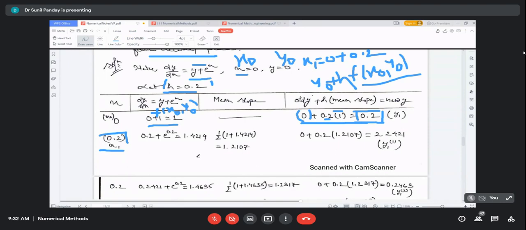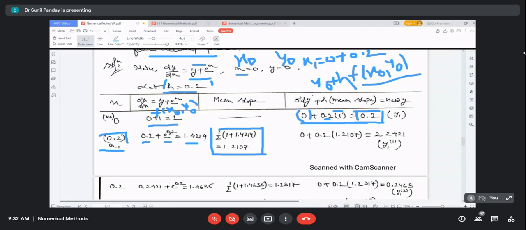So what is f of x naught y naught here? Again this is 0.2 plus e raised to power 0.2, you will get 1.4214. And this one is the mean slope.